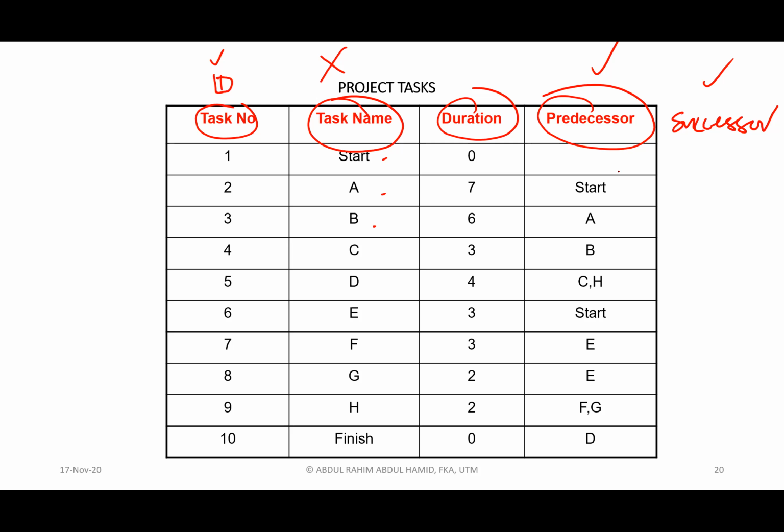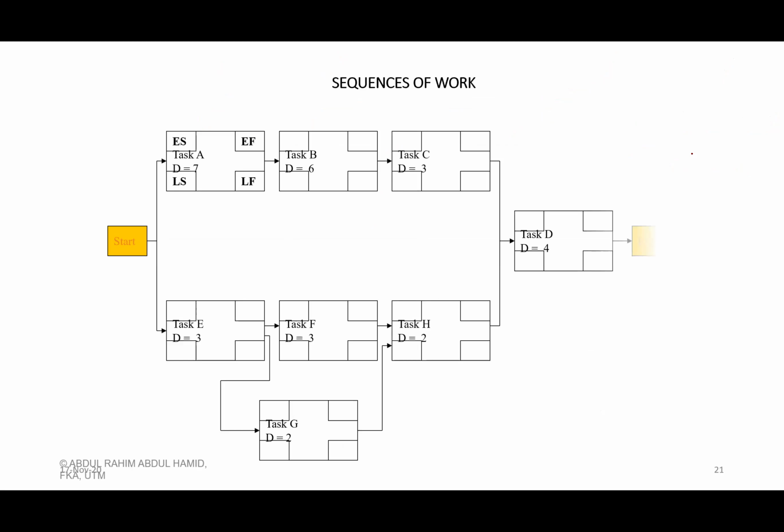You notice that the start is the beginning of the activity. It doesn't have any predecessor. This is what we call nil or none. So automatically you know that the start is the starting of the activity.